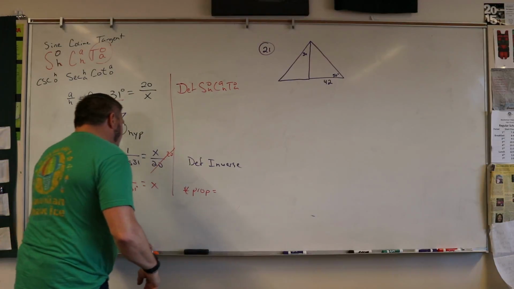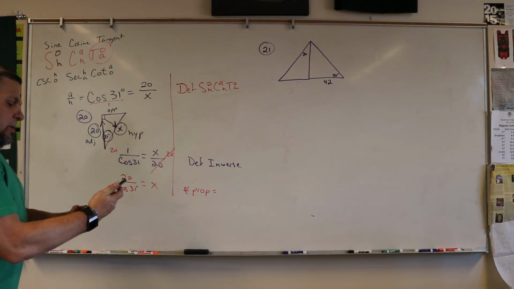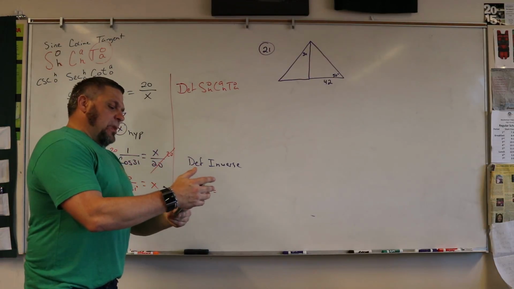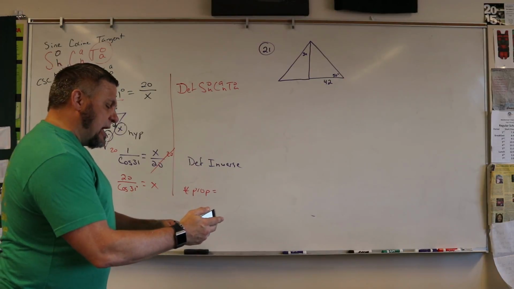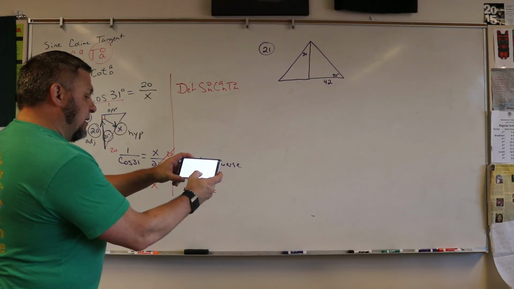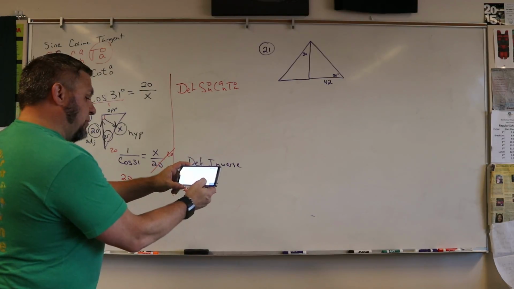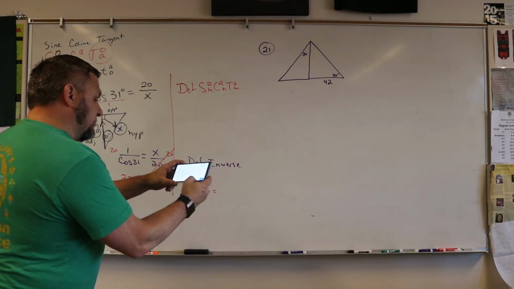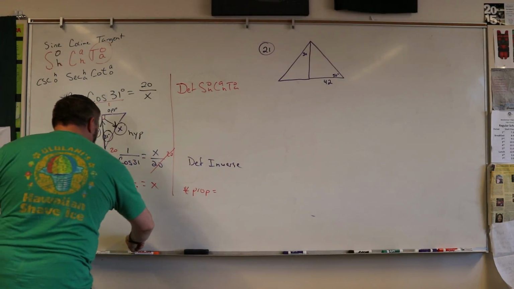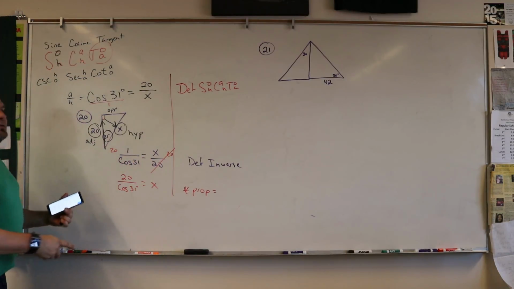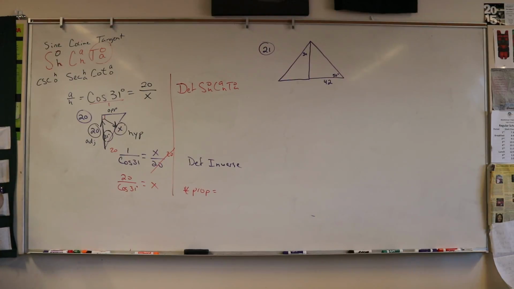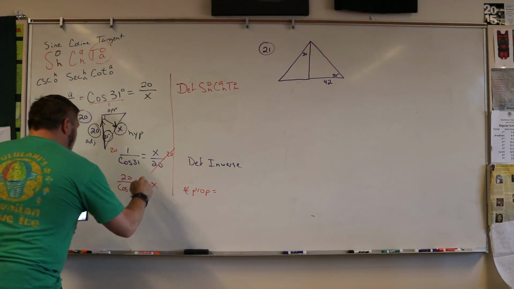Then we plug that into our calculator. All right, and we've got 20 divided by cosine 31 equals 23.33, and they want us to round to the nearest tenth.